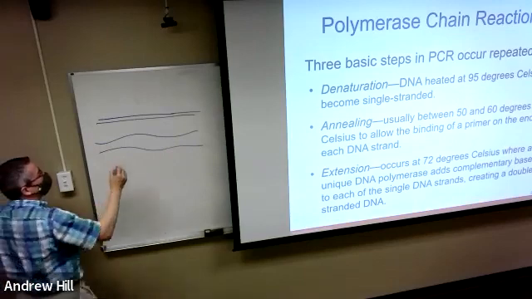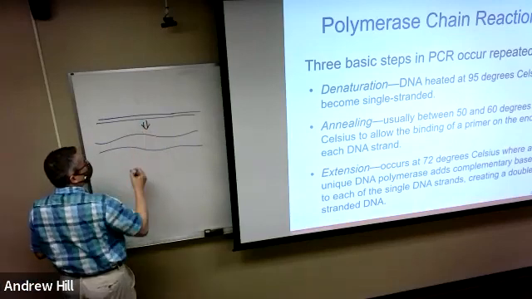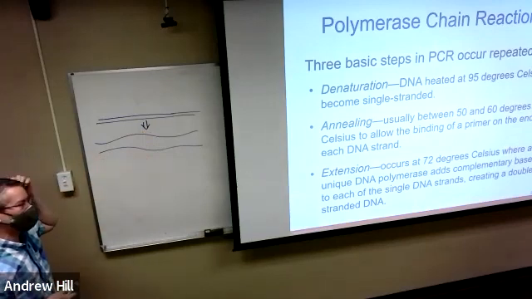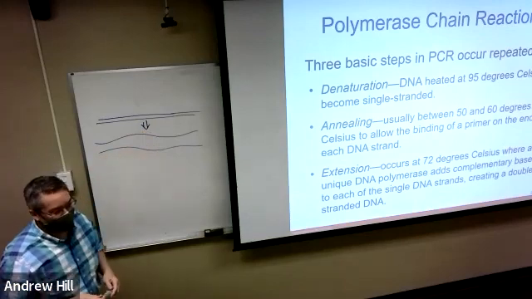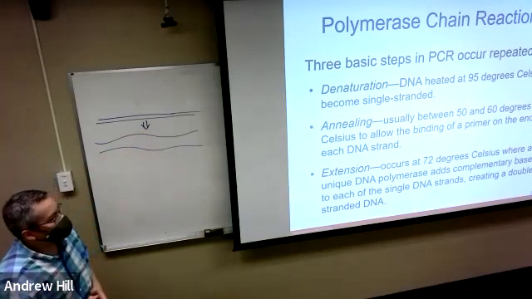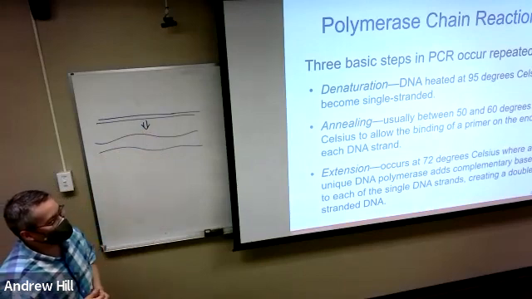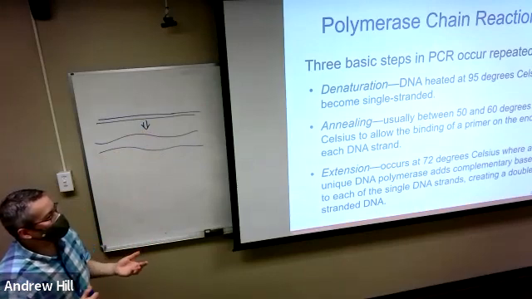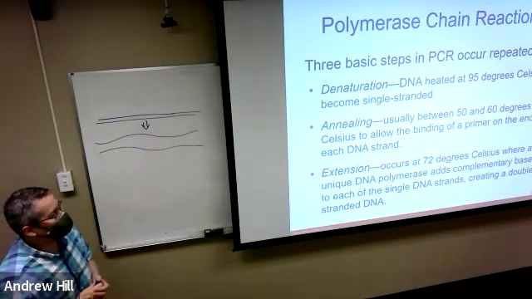Okay, so we're going from double-stranded to single-stranded DNA. Now that's less stable, but there's a reason we need to do that. The reason is because we need to get at the code within the DNA. So we heat the DNA to 95 degrees Celsius. Remember, 100 Celsius is boiling at sea level. So that's near boiling temperature, right?